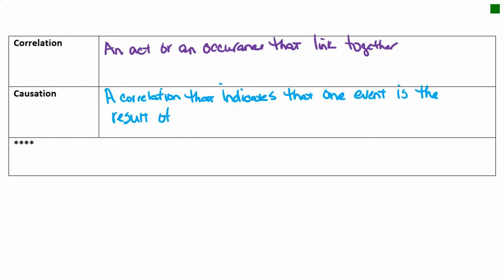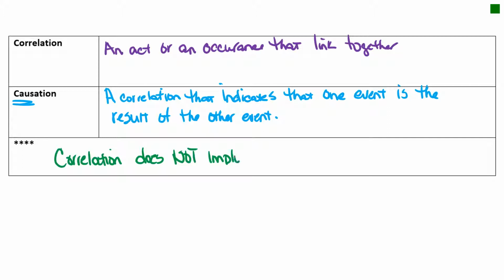This kind of makes sense to me. The word causation, one thing causes another. Okay, now what you have to remember is they're both correlations, and correlation does not imply causation.